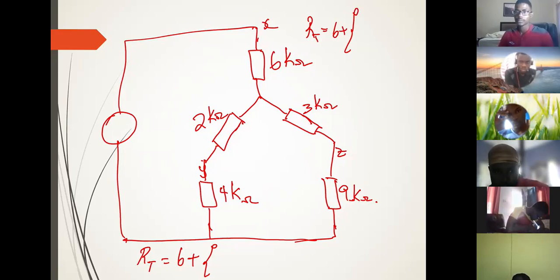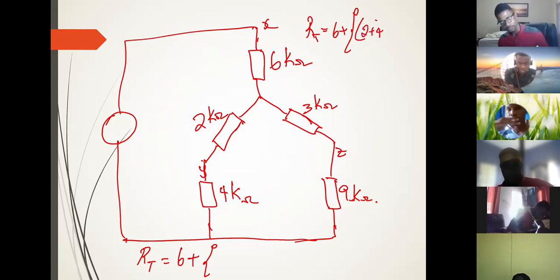Sir, would it be 2K in parallel with 3K? No. Open a bracket, 2 plus 4, close that bracket.